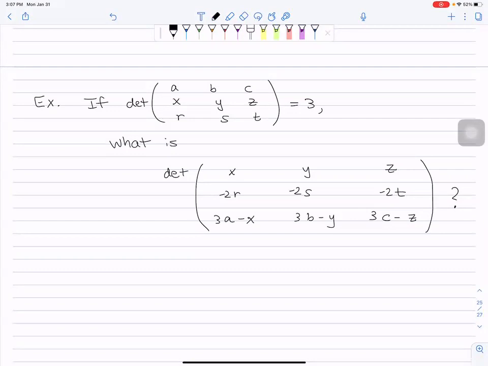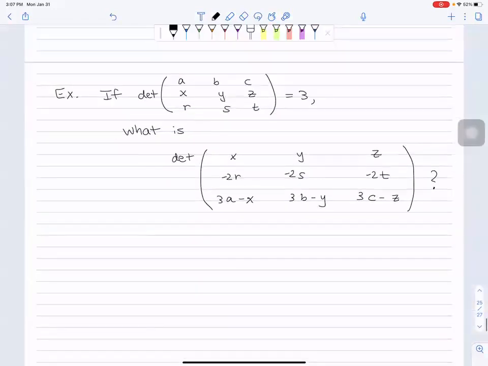Yeah, it doesn't matter how many steps you take, as long as you know what row operations you're doing to get to this final thing. So it doesn't matter which one I start with. So you started from the bottom one. Yeah, I think it still works.